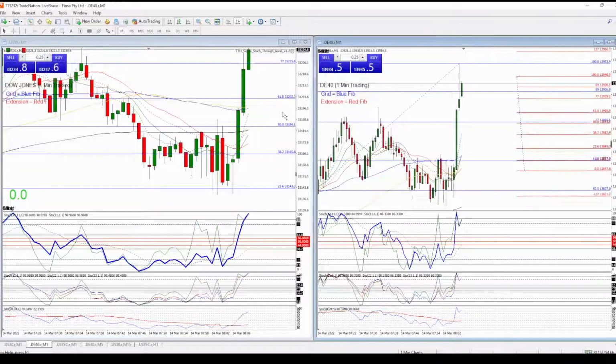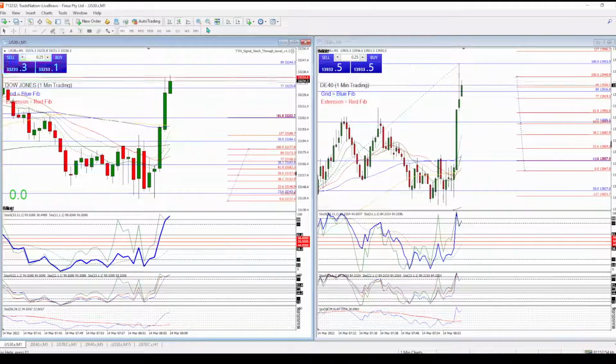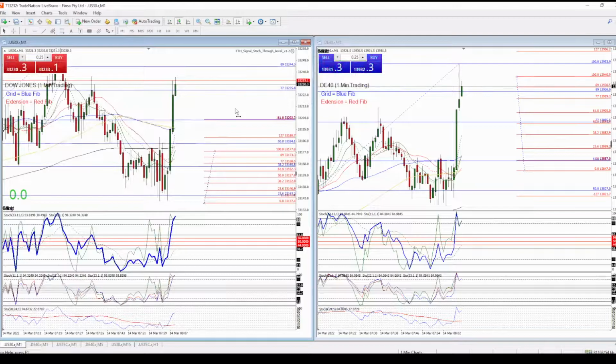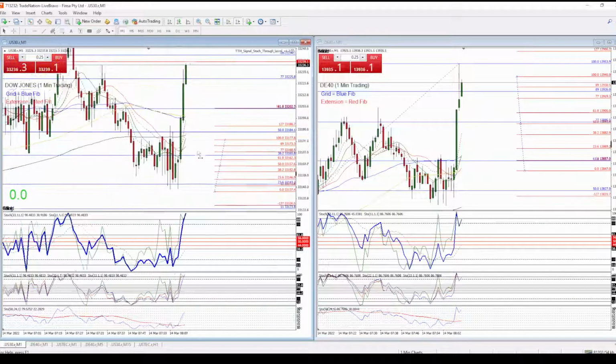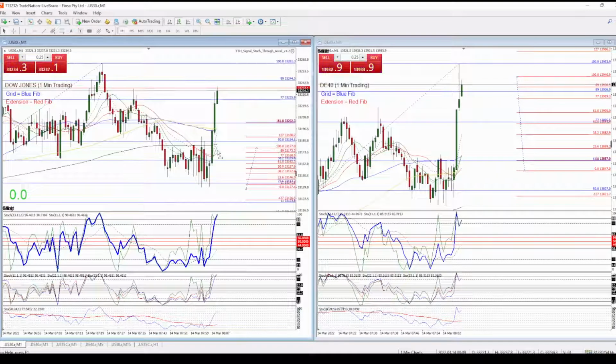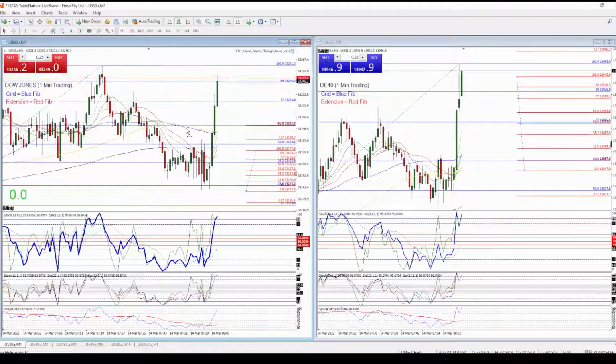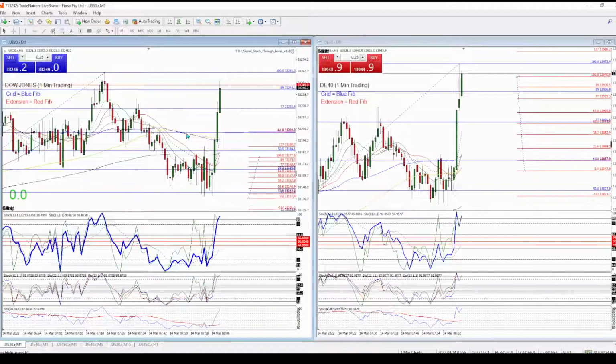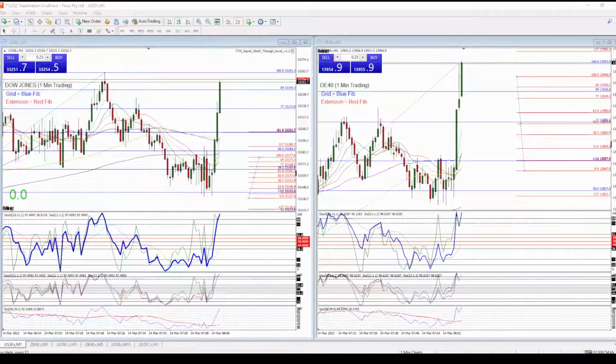Focus on the 1 minute grids. Our 5 minute trend is busy changing to the upside again. Resistance is the highs of the day so far.